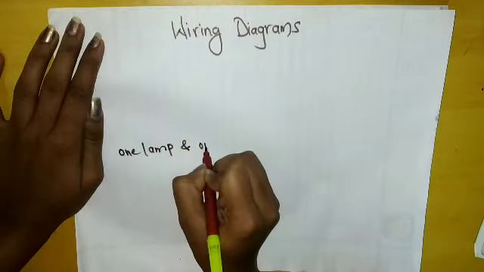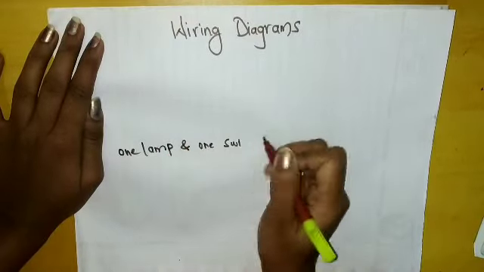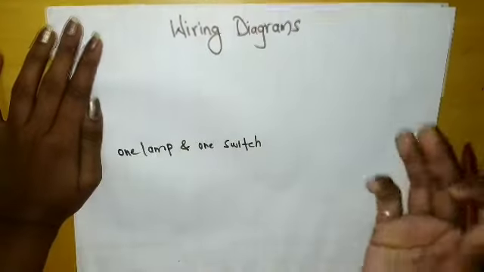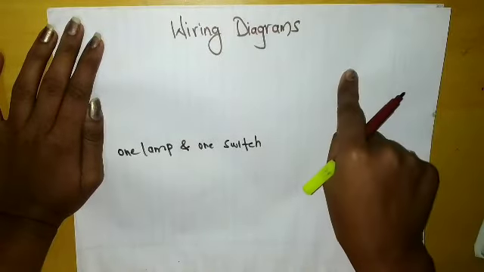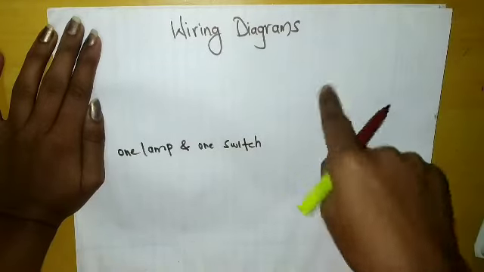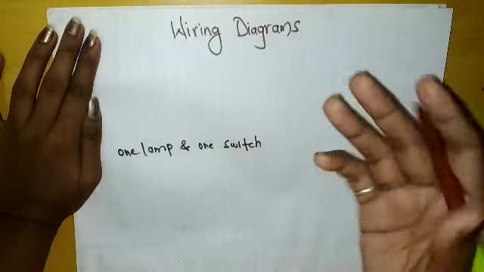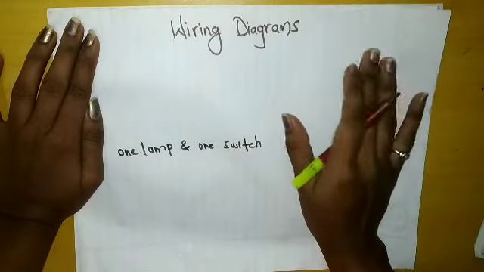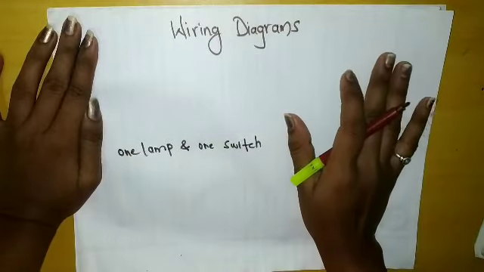In our house, whenever we turn on the switch, the bulb will glow, right? Whenever we turn off the switch, our bulb will go off, right? But now, how is the connection done, how is the wiring done?